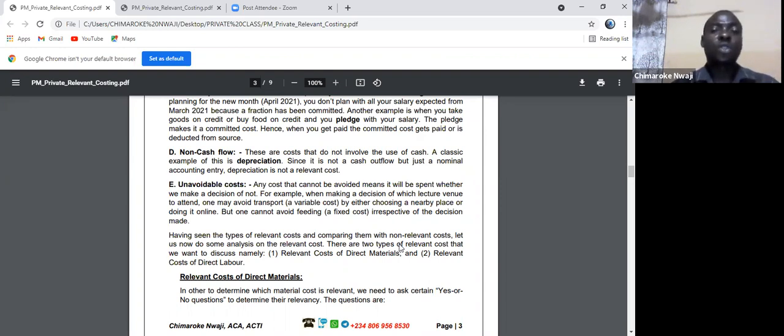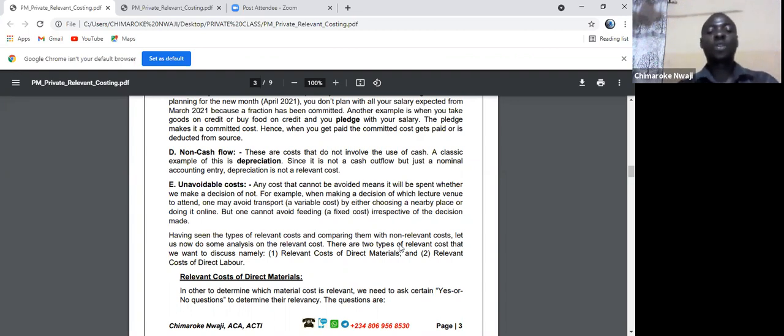If you decide to attend the one a bit further from you, you spend more on transport. If you decide that you want to do it online, the way you are doing right now, you spend nothing on transportation costs. So transportation cost now is avoidable. You can avoid it by taking the one closer to you or going online.